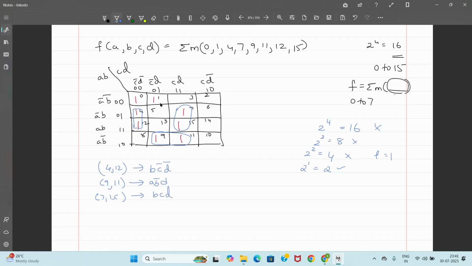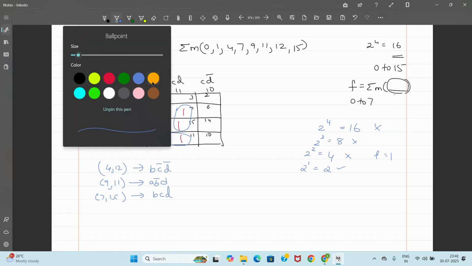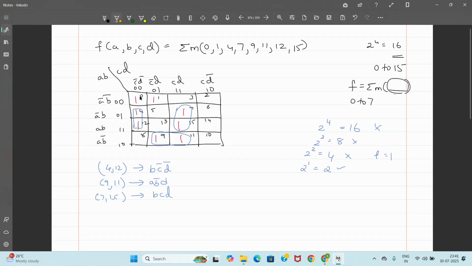Now we have only two ones left. You have a choice. You can cover cell number 0 by combining 0 with 4, and cell number 1 with 9.